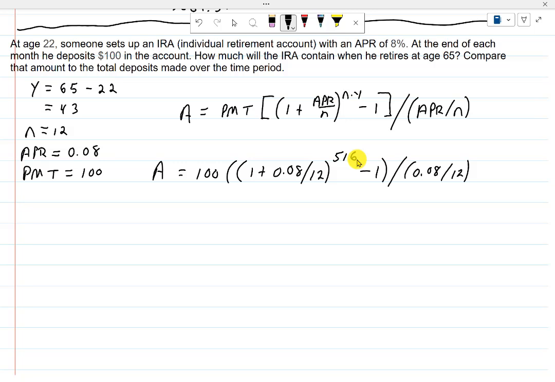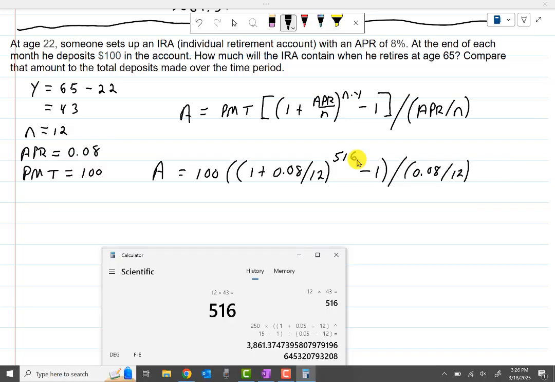And now let's have the calculator do it. 100, double parenthesis, 1 plus 0.08 divided by 12, finish that parenthesis, raise it to the 516th power, then subtract 1, finish that parenthesis, and now divide, start a new parenthesis, 0.08 divided by 12, finish that parenthesis, and then hit enter.